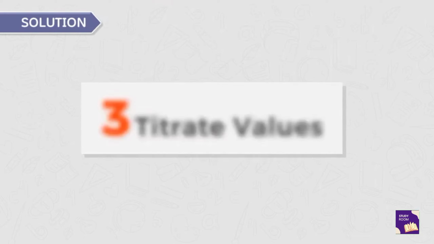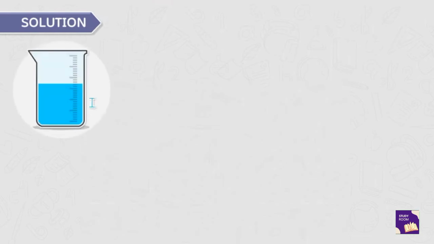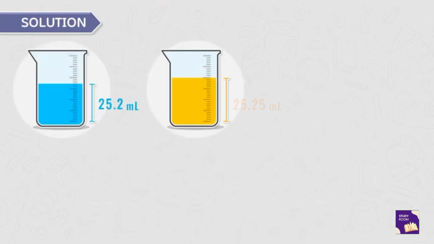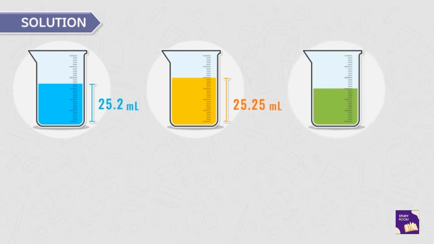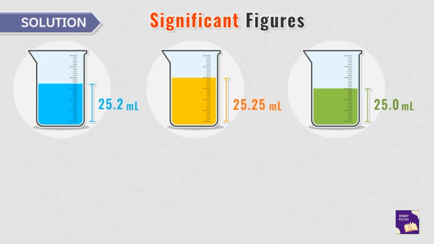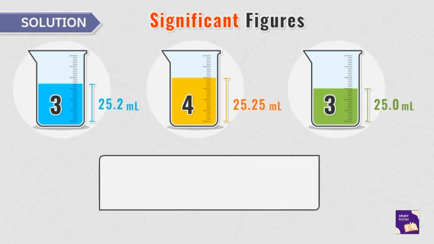Solution. We are given three titrate values, 25.2 ml, 25.25 ml, and 25.0 ml. The number of significant figures in each of these measurements are 3, 4, and 3 respectively.